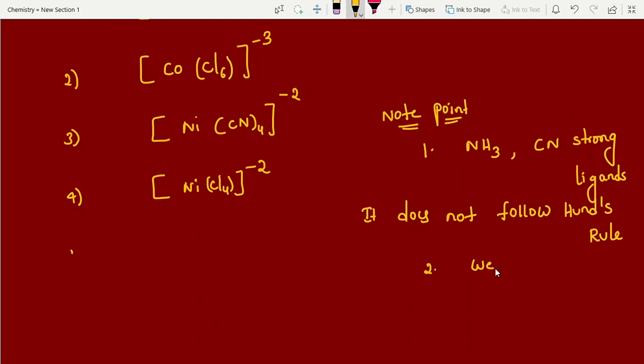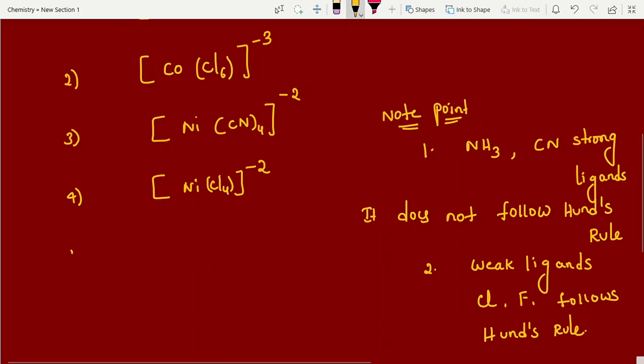Next, weak ligands. What are weak ligands? Out of the 4 examples, chlorine and fluorine. These examples are weak ligands. Weak ligands follow Hund's rule. Clear point.